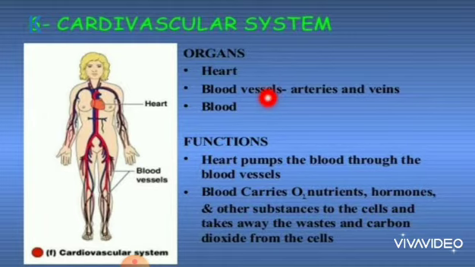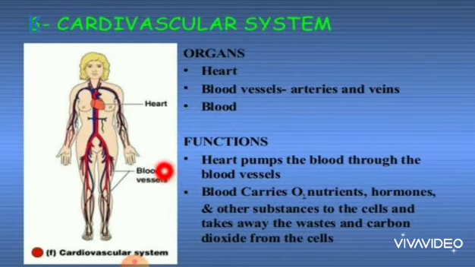We have some organ systems. Let us see one by one. First one, cardiovascular system. Which are the organs included in this system? Heart, blood vessels, that is arteries and veins, and blood. These organs form the cardiovascular system.